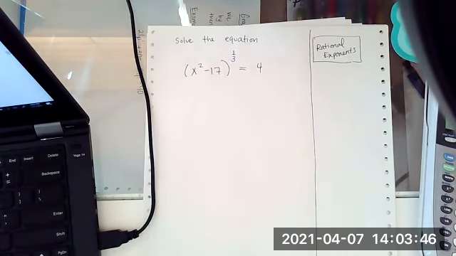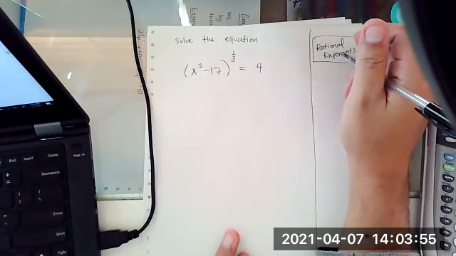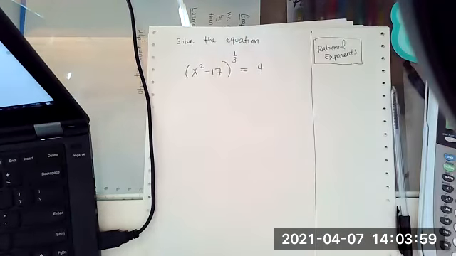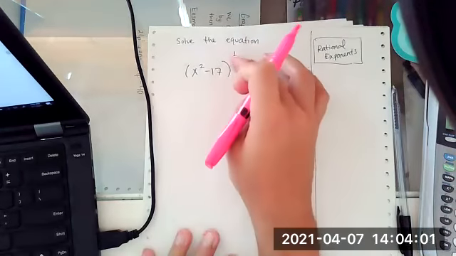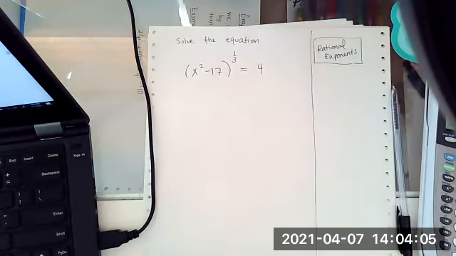Cancel the 1/3. Yeah. And how would we go about doing that? Multiply by its reciprocal. Yes. So in order to multiply 1/3 times its reciprocal, we're going to have to raise both sides to the reciprocal power.